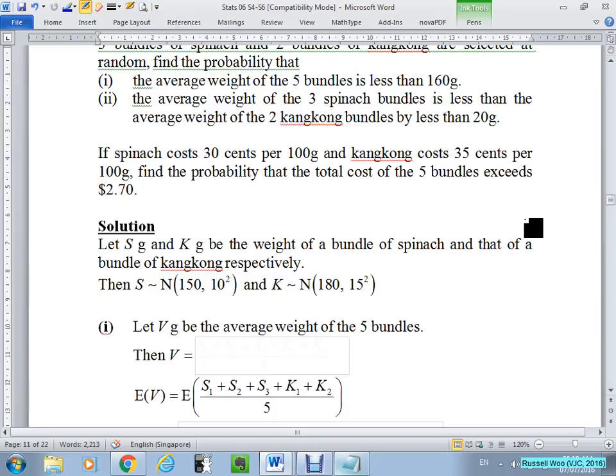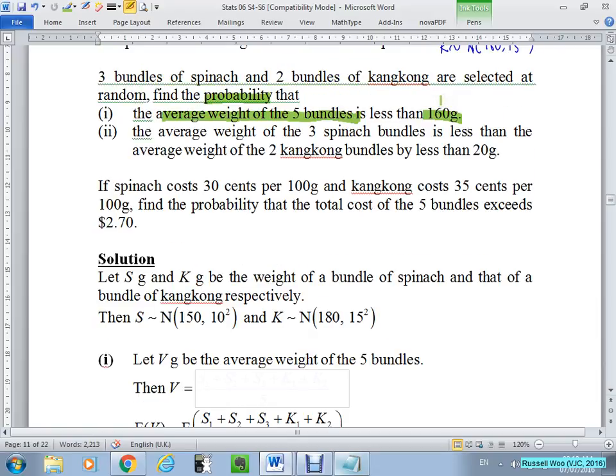The question wants the probability that the average weight of 5 bundles is less than 160. 5 bundles comprises of what? 5 bundles, not 5 spinach: 3 bundles of spinach and 2 bundles of kangkong. So now, let V be the average weight of 5 bundles.